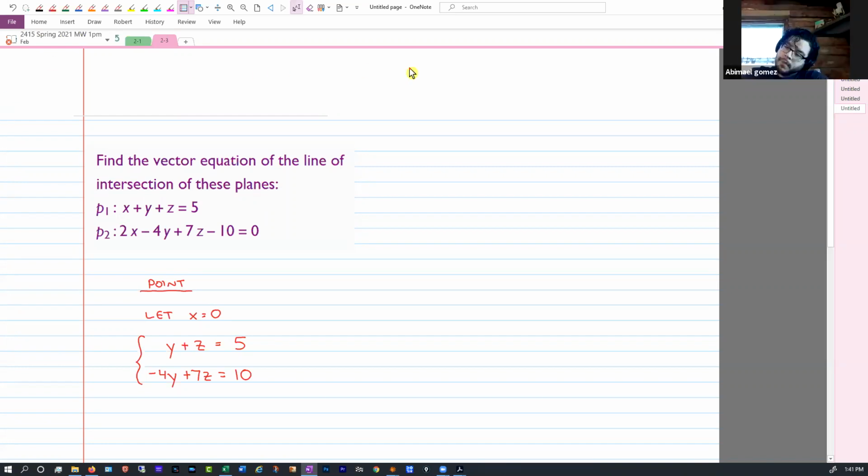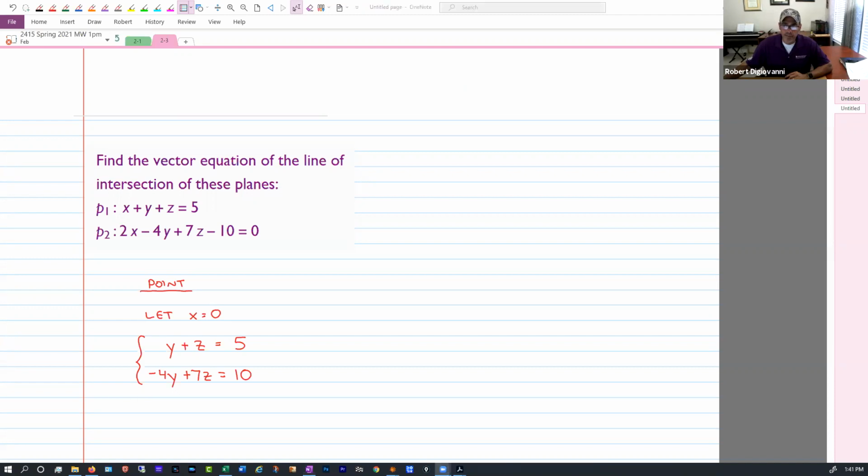So I'm going to do elimination. I'm not sure how you want to solve systems of equations, but I'm going to solve this by multiplying the top equation by 4, so I can make the y's cancel.